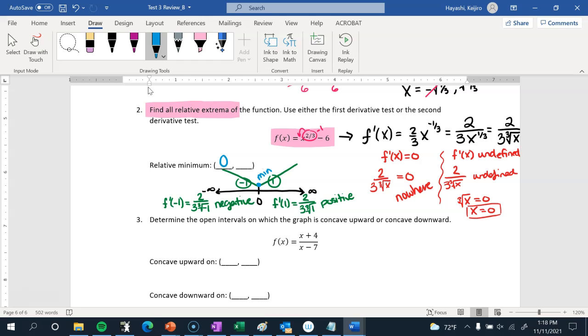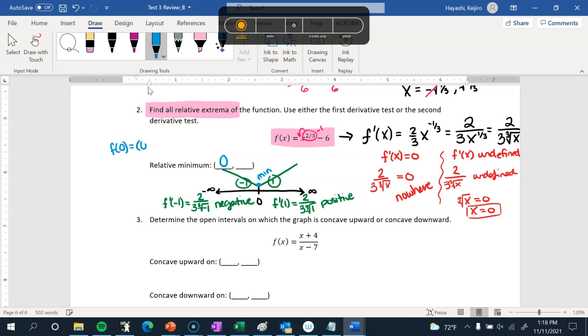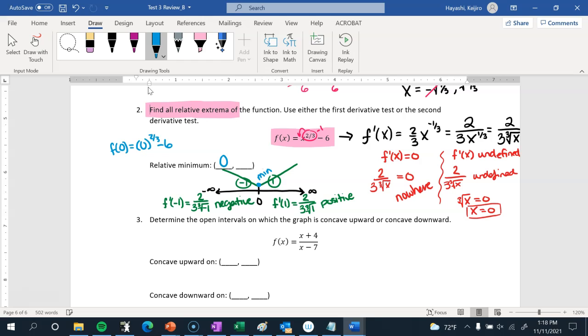And if you want to find the corresponding y value, just plug 0 into the original function. 0 to the 2/3 minus 6. 0 to any power is 0, I suppose, aside from the power of 0 itself. 0 to the 0? 0 to the 0 can equal a lot of things, depending on what you need it to do.